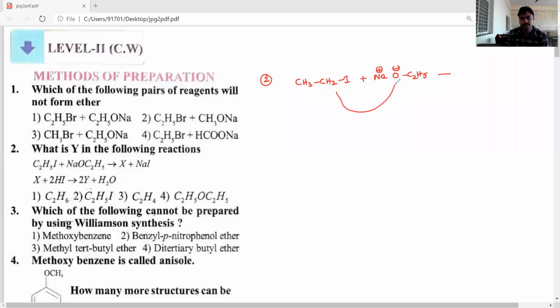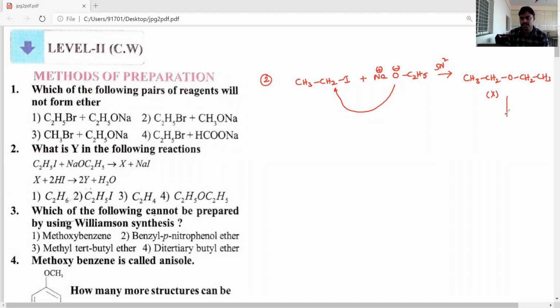This reaction takes place according to the SN2 mechanism. One more important point, dear students: Williamson ether synthesis takes place according to the SN2 mechanism only. CH3-CH2-O-CH2-CH3, diethyl ether, is the product. This is X, and the byproduct is sodium iodide.